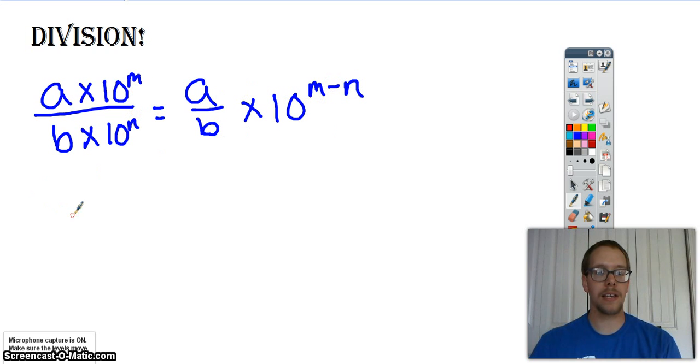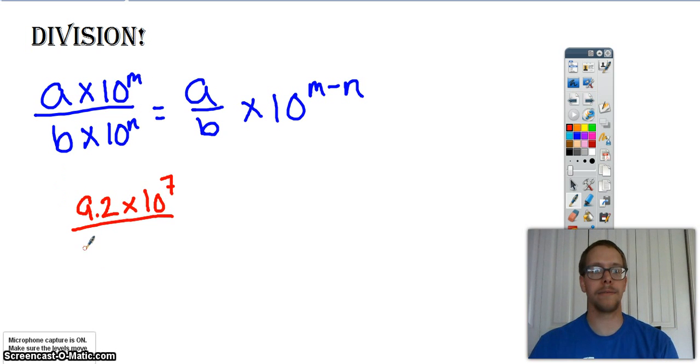So for instance, let's say we had 9.2 times 10 to the 7th power divided by, and let's say for instance we have, I'm going to get to 9.1 just to help us out.